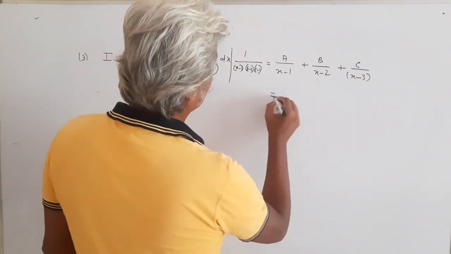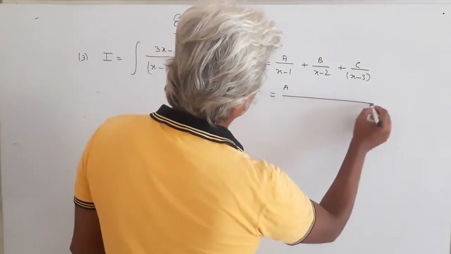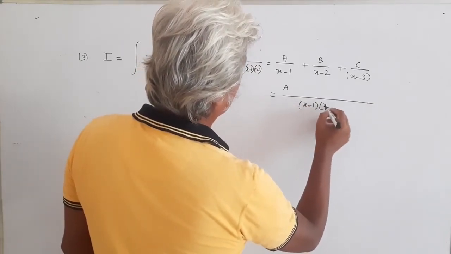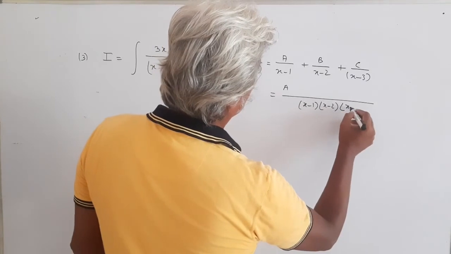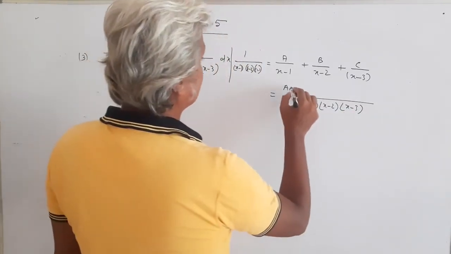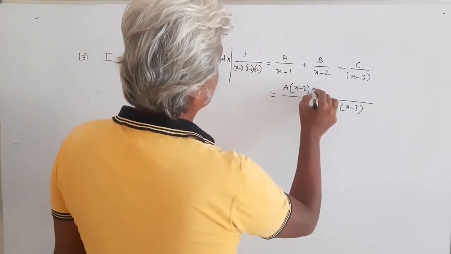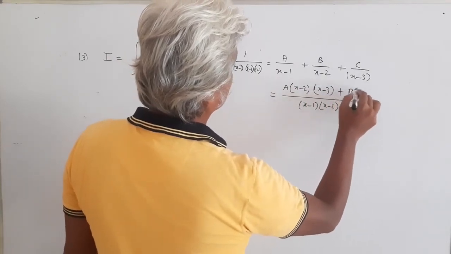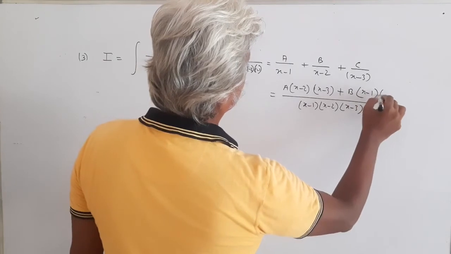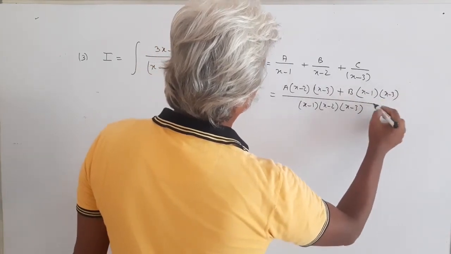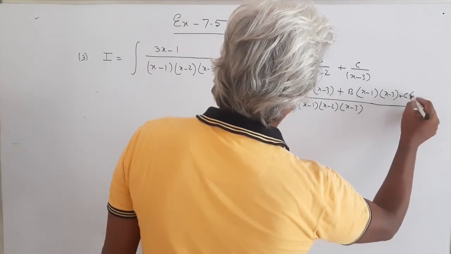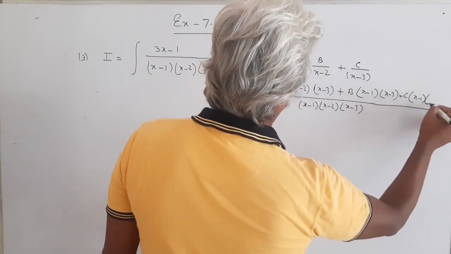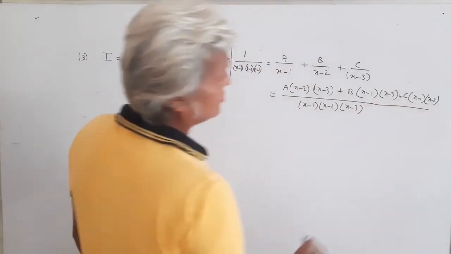So there I write the LCM. I first take the LCM of these three co-prime factors, which is (x minus 1)(x minus 2)(x minus 3). This is a times (x minus 2)(x minus 3) plus b times (x minus 1)(x minus 3) plus c times (x minus 1)(x minus 2).